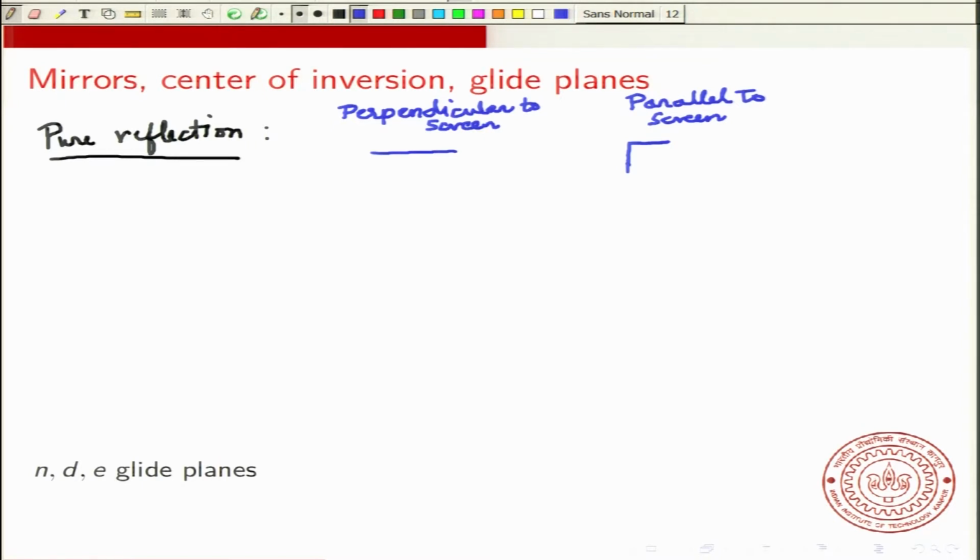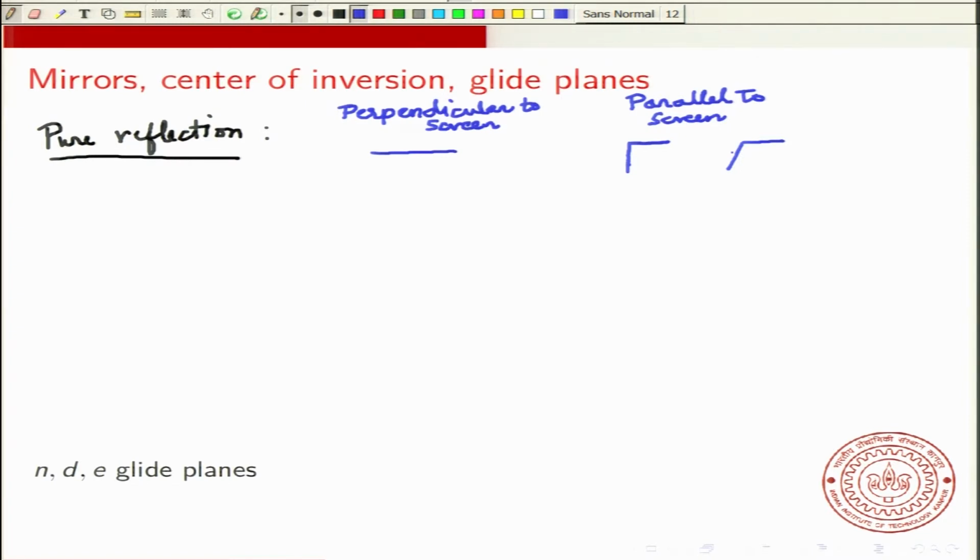Now, in case it's a tetragonal cell, then you will have something like this. In case the angle between A and B is not 90 degrees, then you will show it in this way.